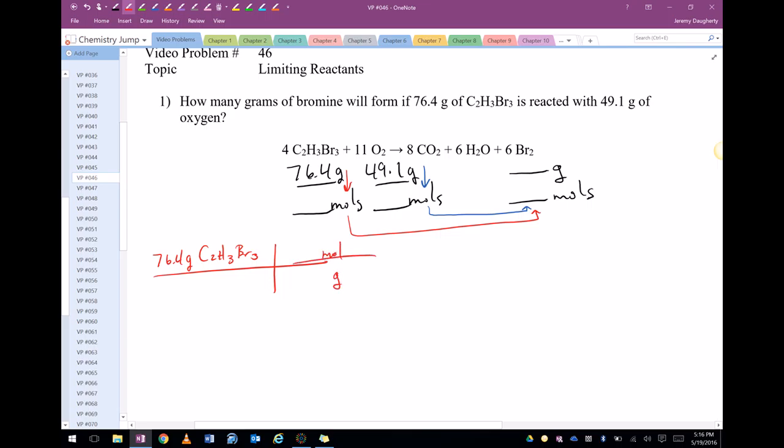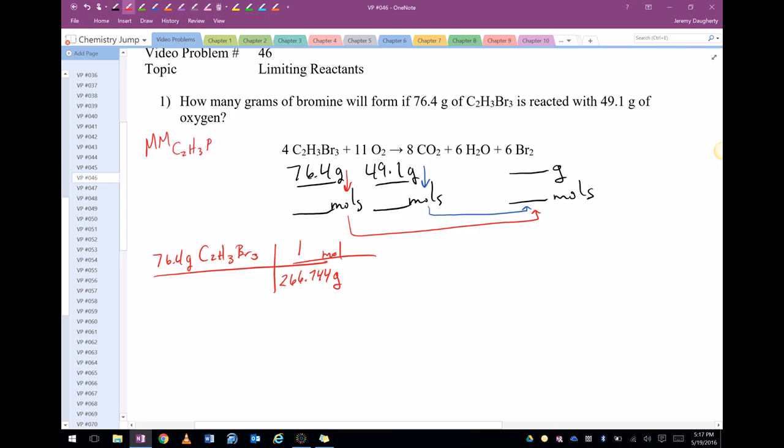Let's go ahead and get the molar mass of that. It's going to be pretty big. Those three bromines are really pretty big. So that's 266.744, so 1 mole is 266.744 grams. I'm going to write that down up here.